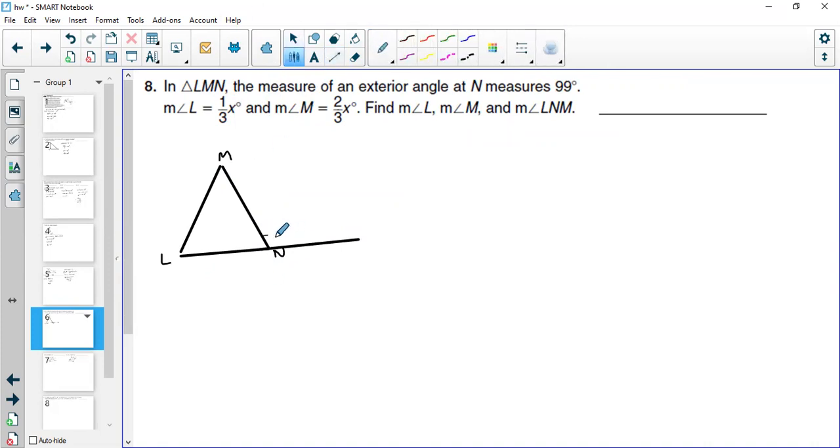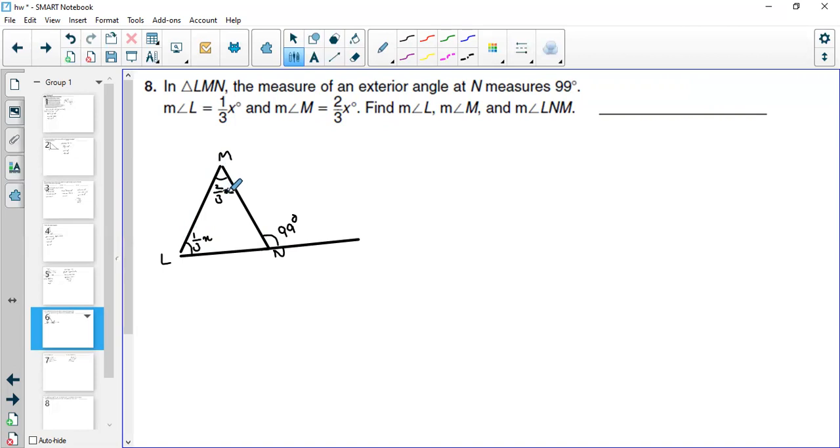So this angle here is 99 degrees. Angle L is 1/3 of x. There you go, they have given you fractions now. And angle M is 2/3 of x degrees. Find angle L, angle M, and angle LNM. So you have to find this angle too.